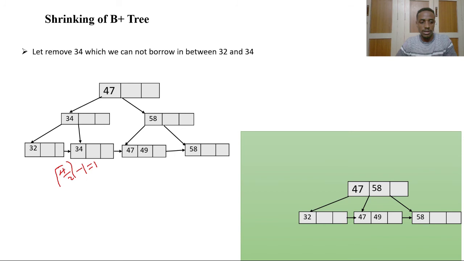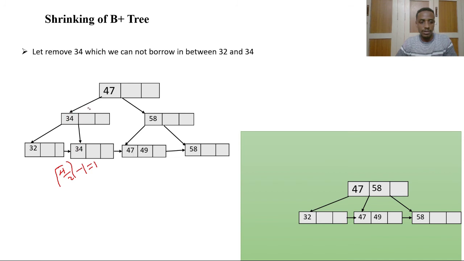So only one key can be present in each node, but we cannot have an empty node. So in this case, order m of B+ tree was given previously. So 4 by 2 minus 1 will be 1, so it cannot lend to this value. So if we delete 34 here, 34 also here, we cannot leave this as an empty node.